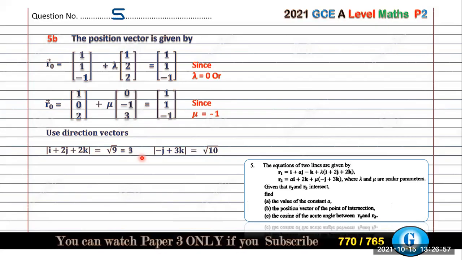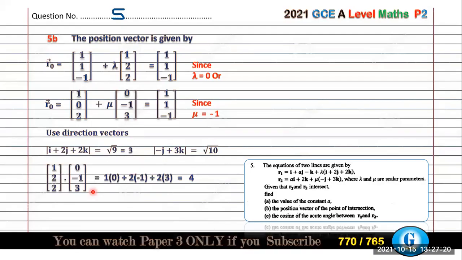So we have 0 squared plus minus 1 squared plus 3 squared, that is equal to root 10. And then we now look for the dot product of these two direction vectors. So we have 1, 2, 2 dot 0, minus 1, 3. This will give us 0 times 1 plus 2 times minus 1 plus 2 times 3. So that gives us a value of 4.